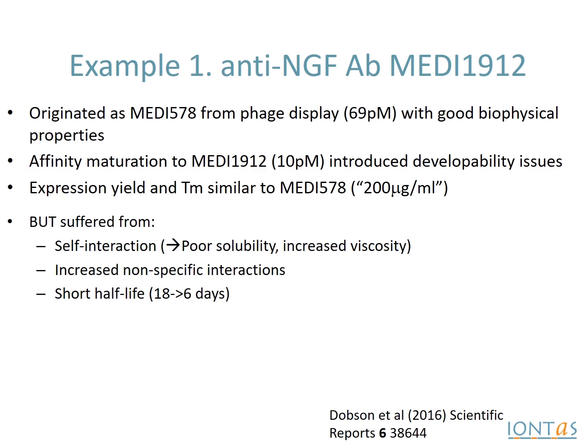In addition, lots of non-specific interactions were identified, either from looking at cell binding or from immunohistochemistry, for example. Quite probably as a result of this low specificity, the antibody also suffered from a short half-life in vivo, whereas MEDI 578 had an 18-day half-life, MEDI 1912 had only a 6-day half-life.